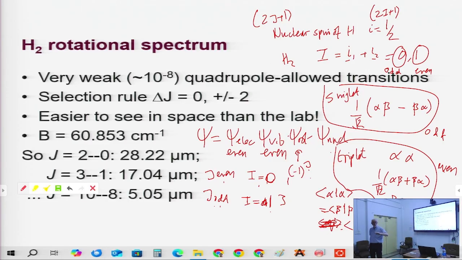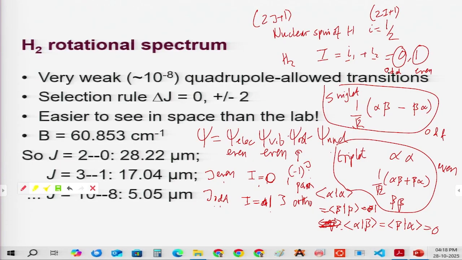At low temperature, because the J equals 0 is even, if you go low enough temperature, you get everything in the low state. And they're called ortho and para. It comes from orthodox being most likely and paradox being less likely. I always tell my Russians it's like Bolsheviks and Mensheviks.